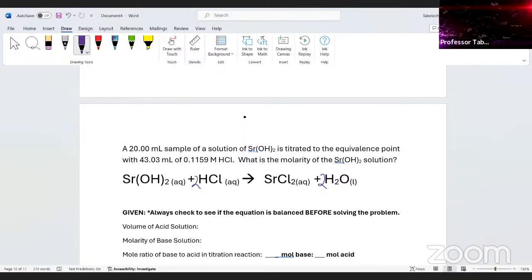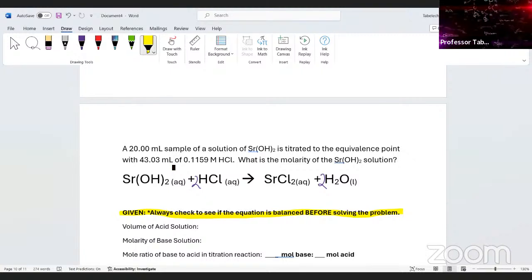And I also have 4 hydrogens on the left. See, these two, plus the 2 right here, that's on the left. So I've got 4 on the right as well. Okay. So as you can see, this reaction is now balanced. You've got to make sure you do that. That's why I put this first step right here. Always check to see if the equation is balanced before solving the problem.